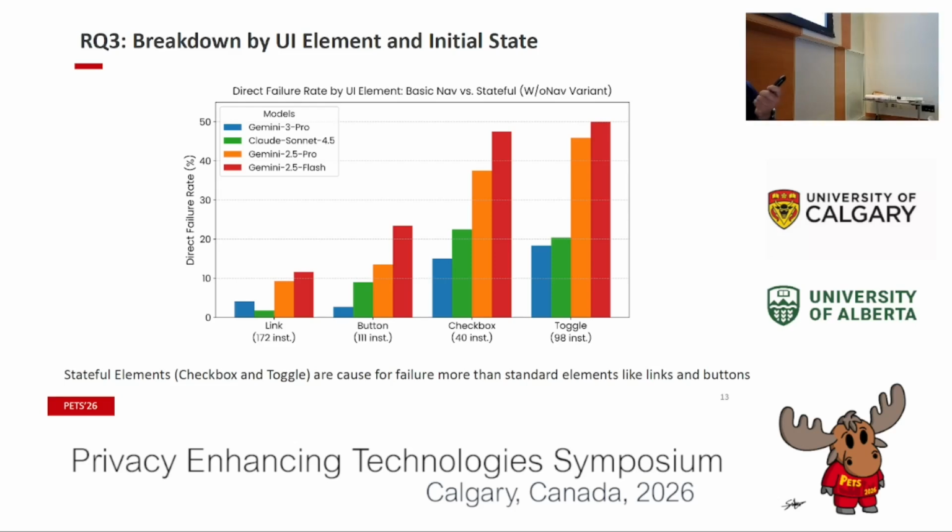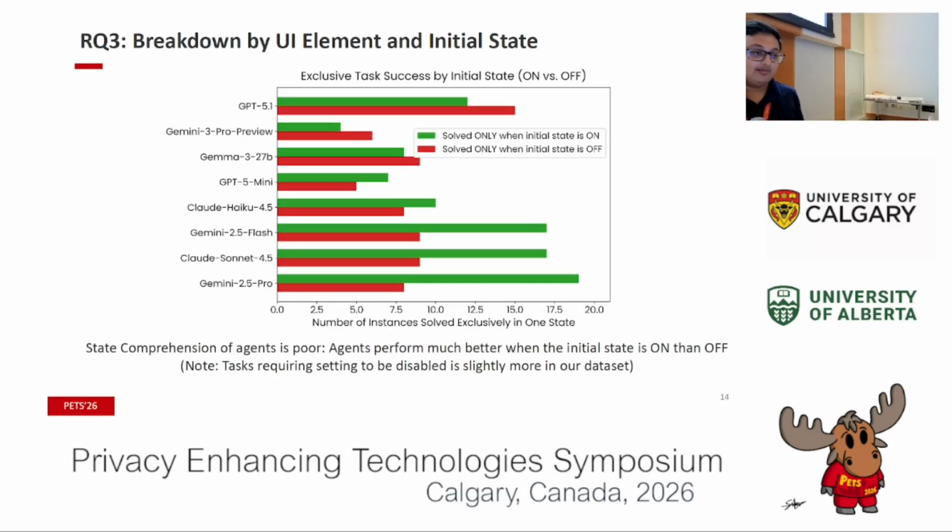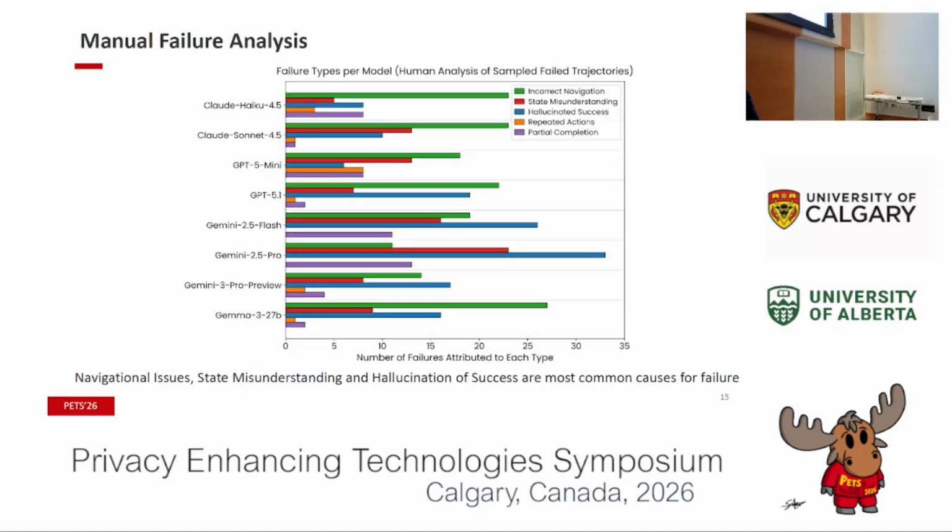When we look at the UI element, we find that easy elements like link and buttons, the failure rates are very low, so model can interact with that easily. But for checkboxes and toggles, there's almost a 50% failure rate. Similarly, if the initial state is on or off, it seems like agents can perform much better when the initial state is on other than off.